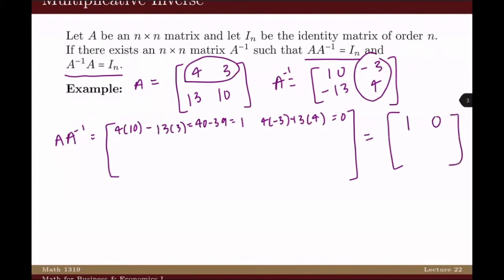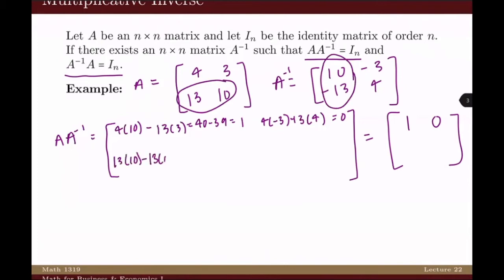And then row 2, column 1 is going to be 13 times 10 minus 13 times 10, which is going to be 0. And then finally, we will have row 2, column 2.